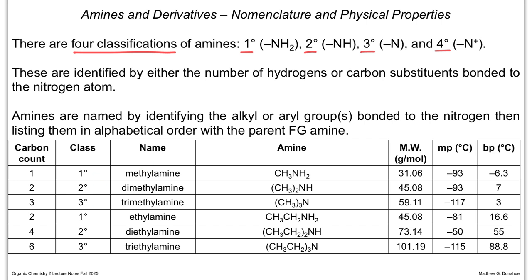So with 1 carbon, that forms methylamine. Two carbons, if I have them both as methyl groups, that's dimethylamine. 3 would be trimethylamine.